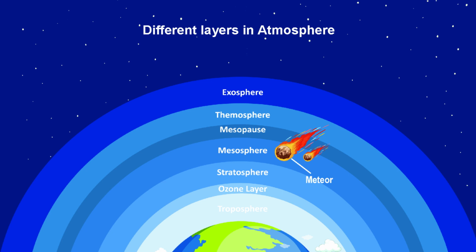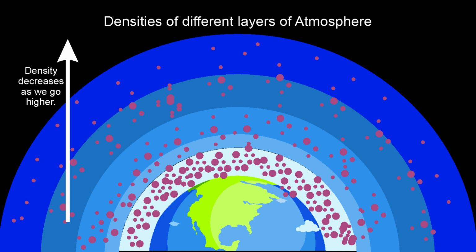In Earth's atmosphere, there are different layers, and different layers have different densities. As we go higher, the density will decrease. Light is coming from space. When it enters the atmosphere, light has to cross different layers to reach the surface of the earth, but different layers have different densities, meaning they have different refractive indices. The upper layer is rarer and acts as a rarer medium, and the lower layer in the atmosphere acts as a denser medium.